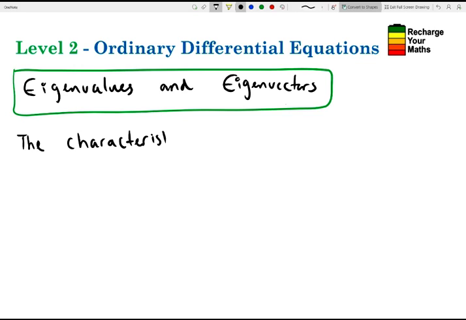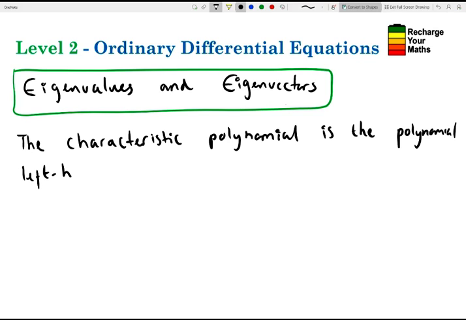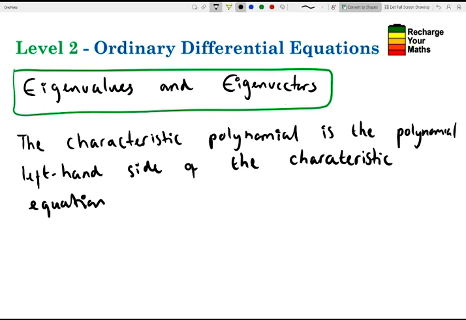The characteristic polynomial is the polynomial, and specifically the left-hand side of the characteristic equation, which is the following: the determinant of a matrix A minus lambda, which is an eigenvalue, times the identity is equal to 0. So the characteristic polynomial is the left-hand side of this.